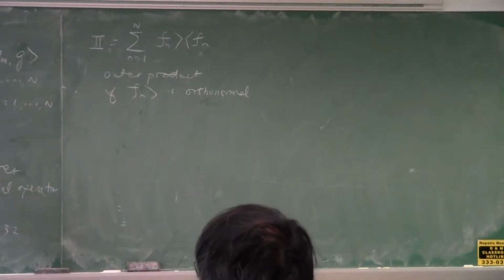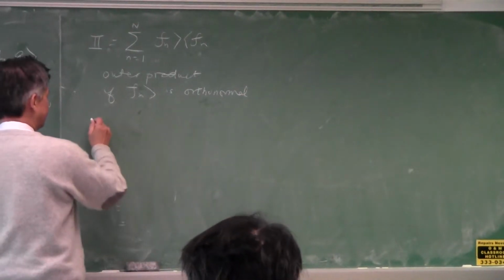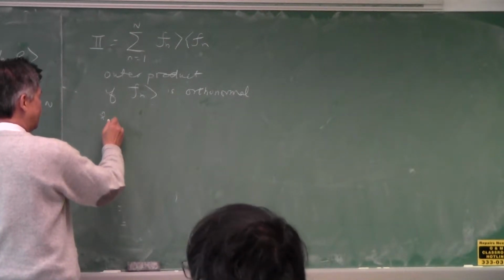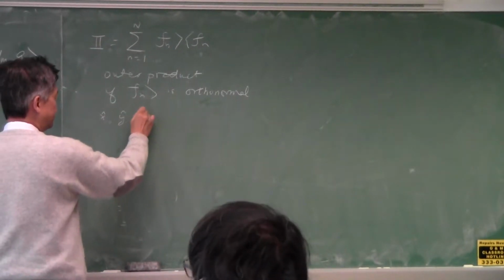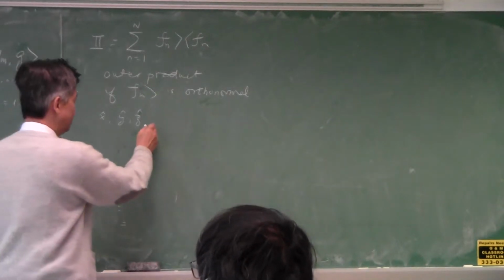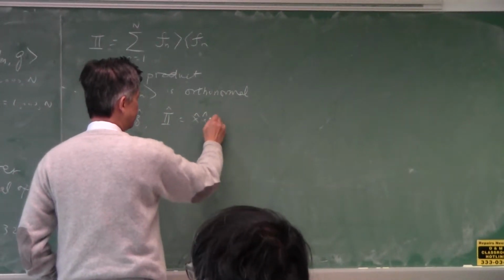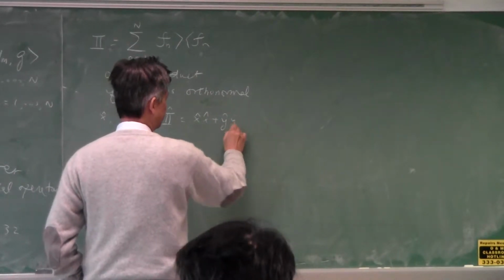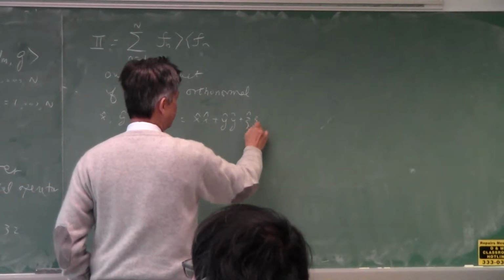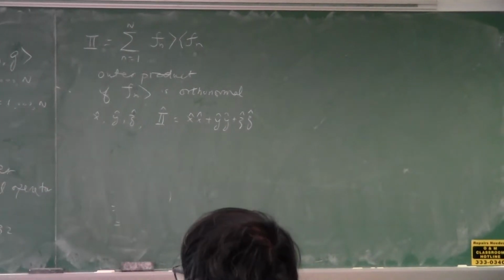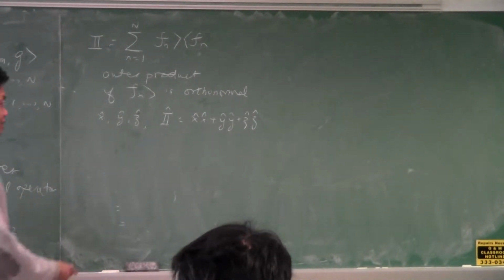Okay, and the simplest example is this one, like if x hat, y hat, and z hat is used as a basis, then we know that in 3 dimensions we can define this identity operator, which is just this one, plus z hat z hat.